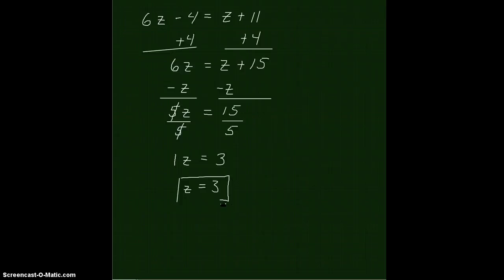So the z that solves this equation, that value, is the same z value that solves the one we started with. Or we should say that the solution set is the number 3.